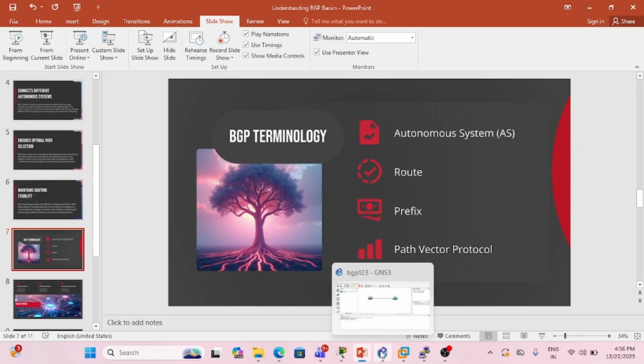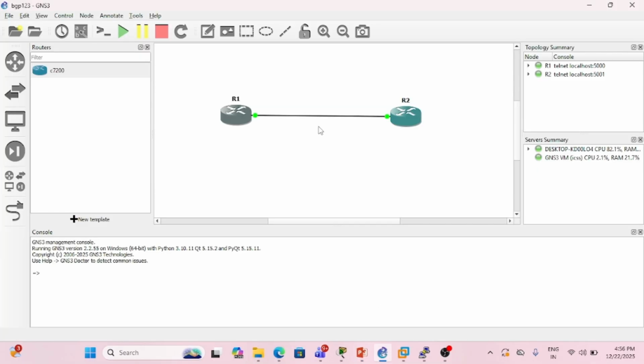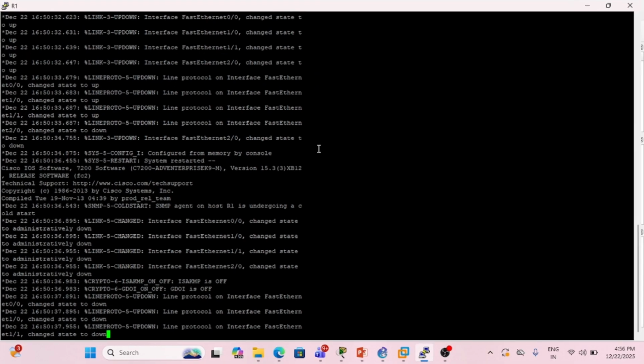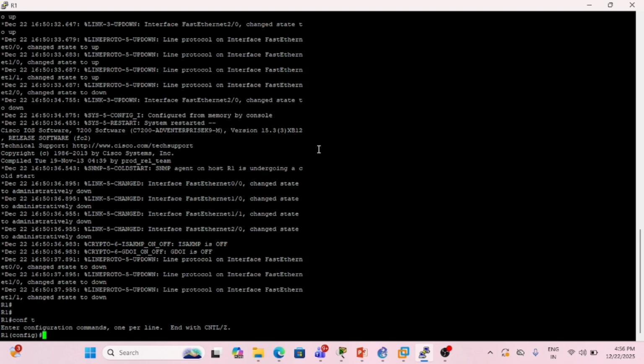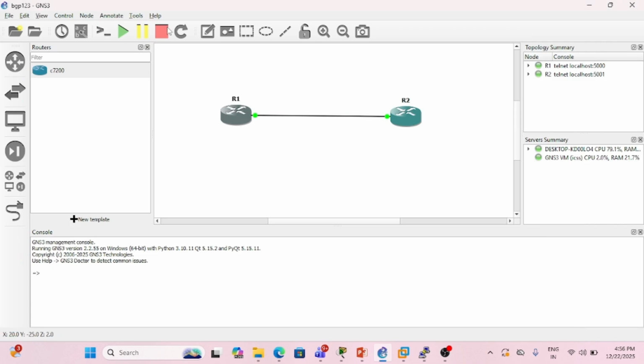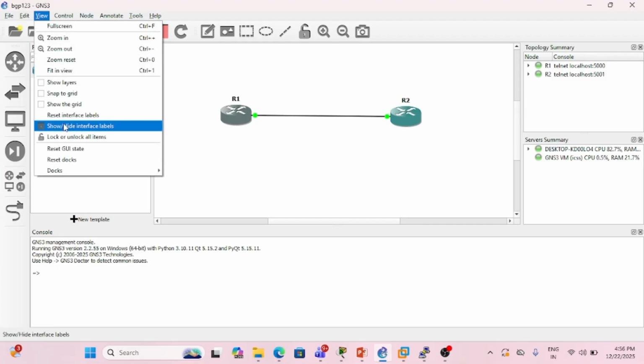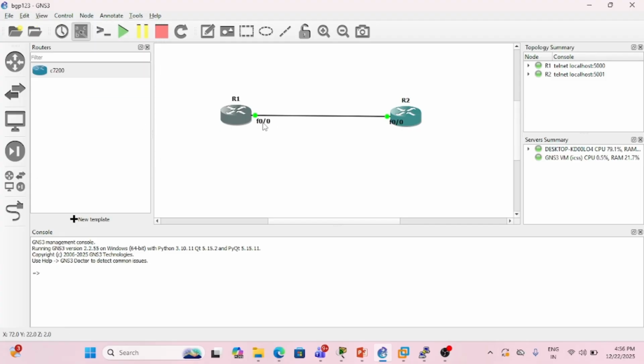So now let me take you to the GNS3 console, and you can see that R1 and R2, these two routers, are directly connected. So you just go to the R1 console, for example, and we are connected with simple interfaces, like FastEthernet 0/0.